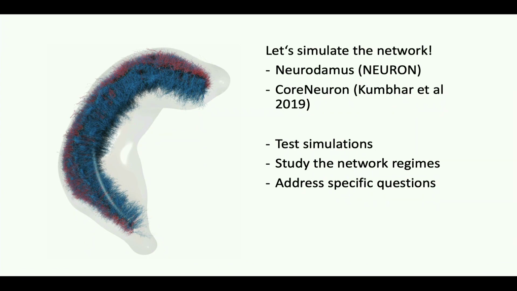So we use two simulators. Both are based on the NEURON simulation environment. One is called Neurodamus, and another one is CoreNeuron. Neurodamus is not available, but CoreNeuron is on GitHub, and the associated paper was published last year.